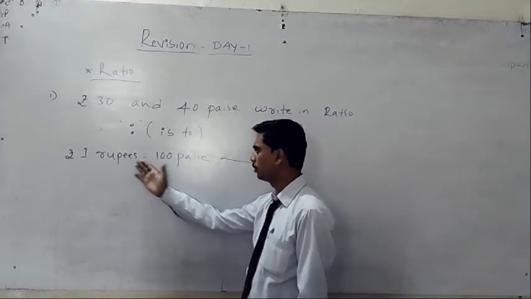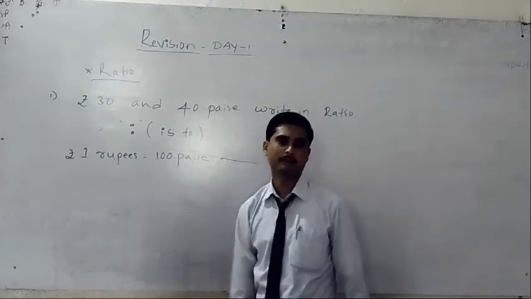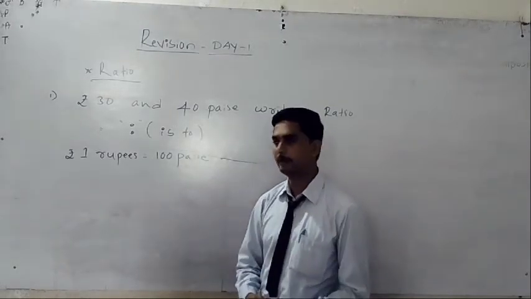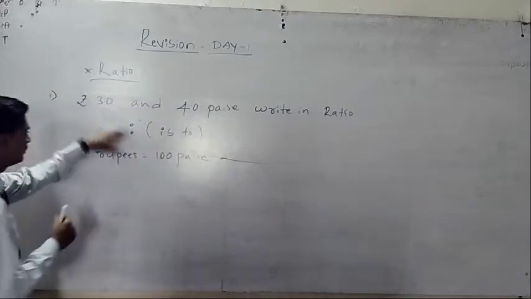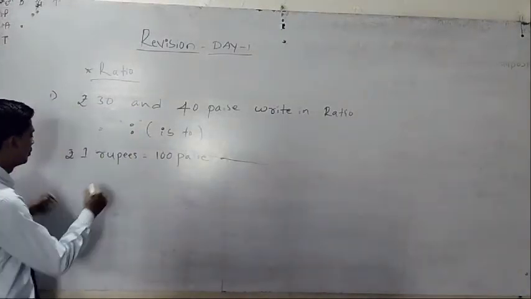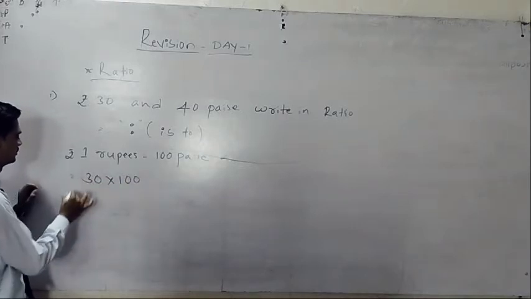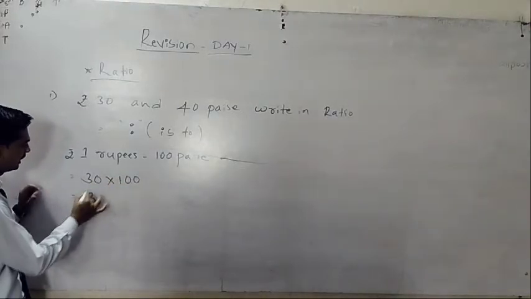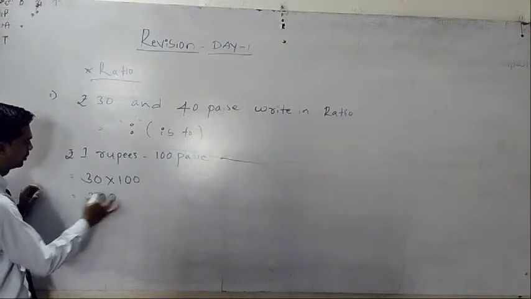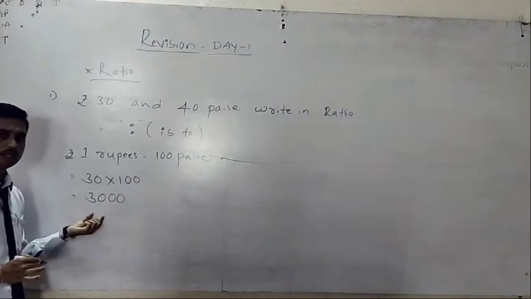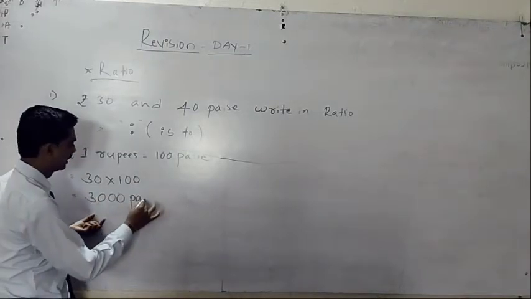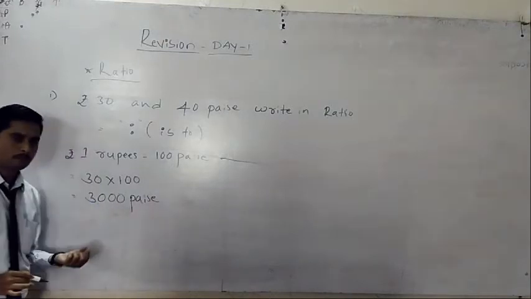You should write 1 rupee is equal to 100 paise. Then 30 rupees means how many paise? 30 into 100 is 3000 paise.